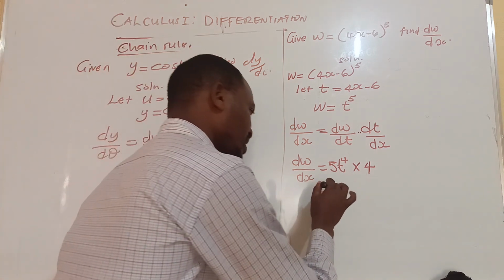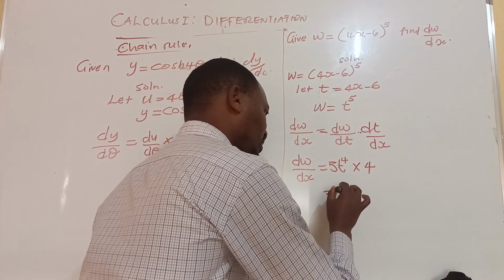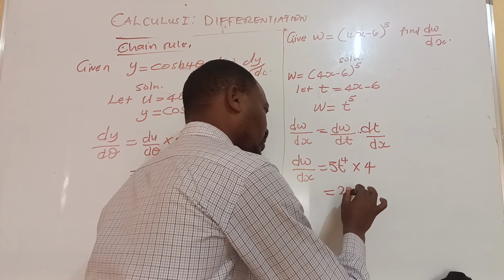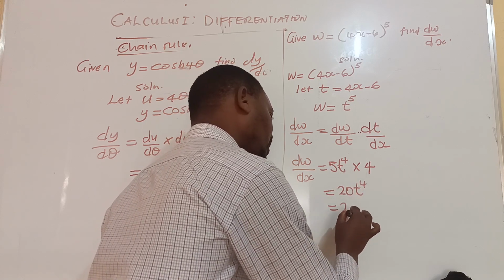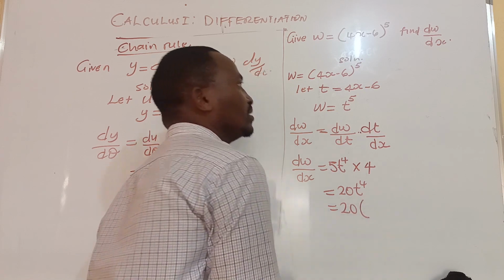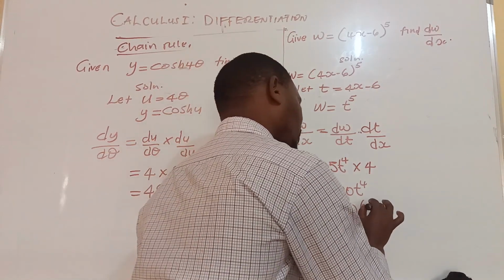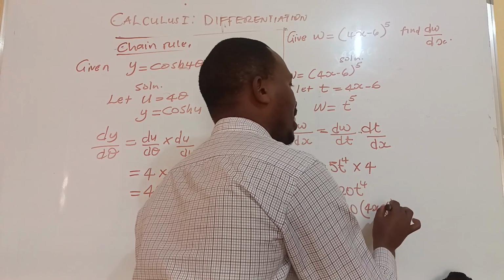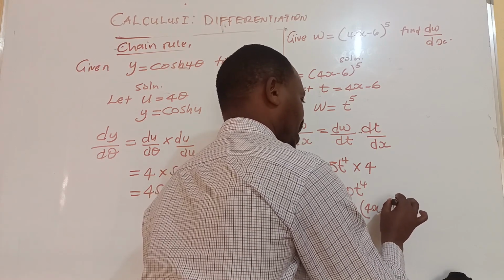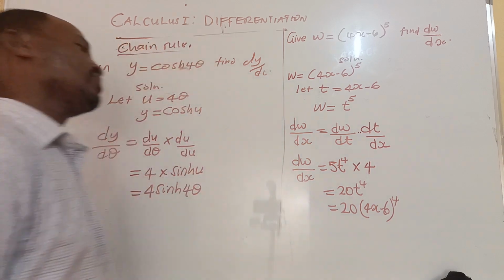So now this becomes 20 t to the power 4. But what is t? t is 4x minus 6, so 20 times (4x minus 6) to the power 4. So that is it.